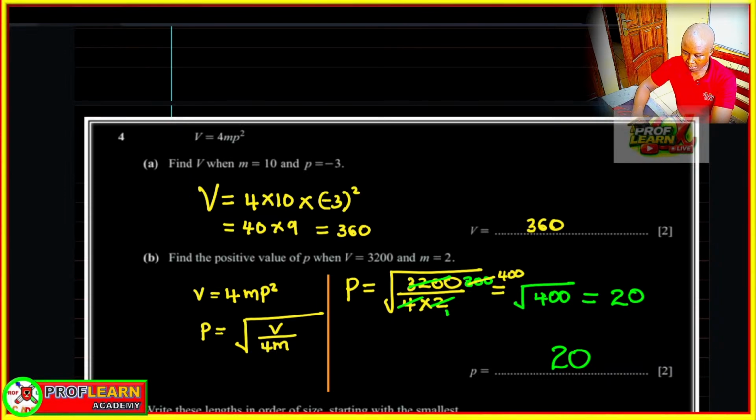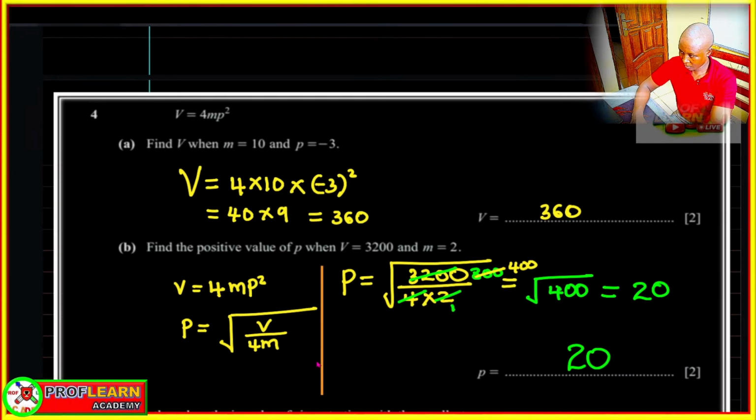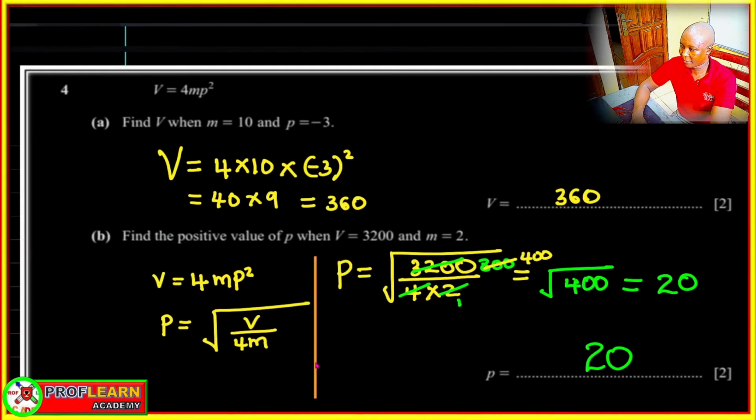That was very important for students to remember, because it was supposed to be 10 times 4, which is 40, times 9, because -3 squared is positive 9, and that is going to be 360.